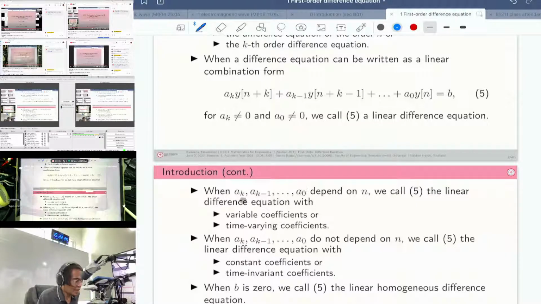When a_{k-1} until a_0 depend on n, we call equation number 5 a linear difference equation, but with variable coefficient.